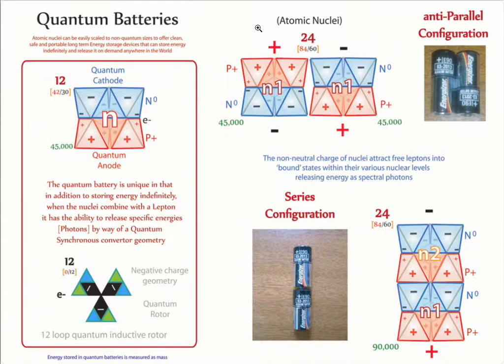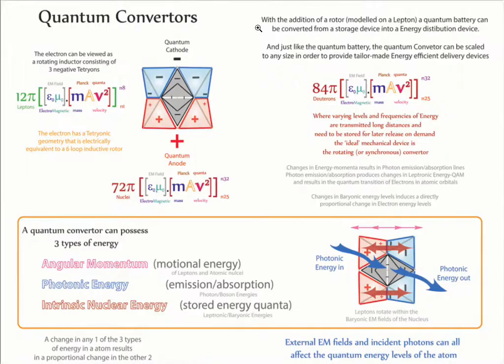It's the equilateral charge geometries of all matter that gives them their distinct properties. And we can show this a number of ways, as done in Tetrionics, as to the application of these mass energy matter geometries.